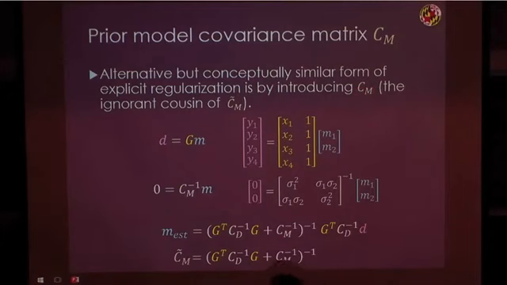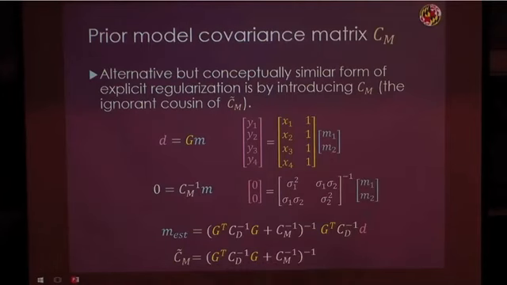For example, you might know that a quantity should be between, let's say, 1 and 2. So you could then say that the variance of that parameter should be like 0.25 or something like that.